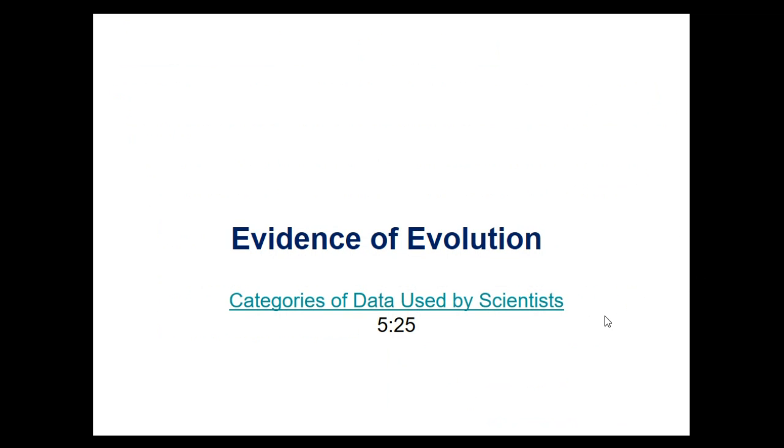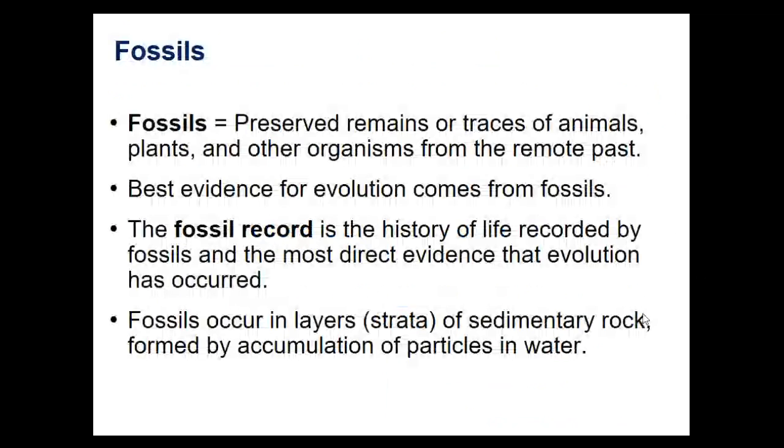Okay, I think we stopped around here somewhere. Evidence of evolution. Fossils, of course, are evidence of what kinds of organisms existed in the past, and that maybe do not exist anymore, how they're different, and how the organisms on Earth have changed in different locations through time.